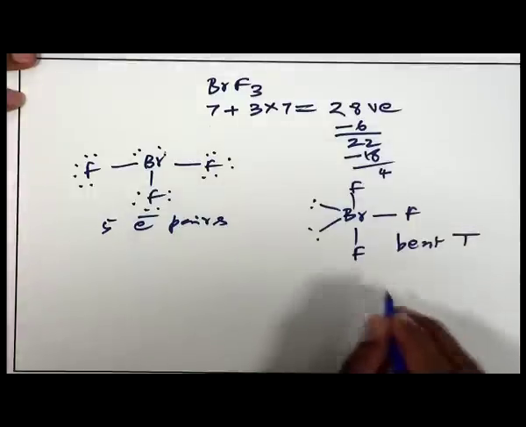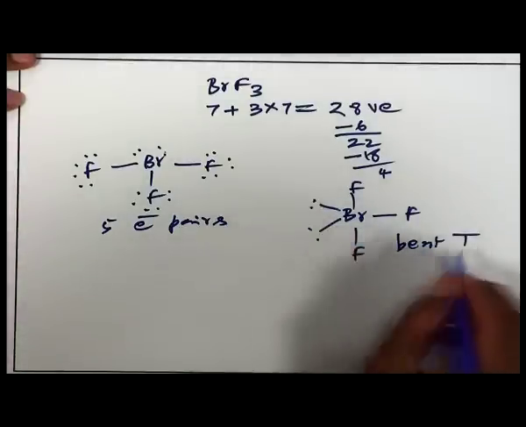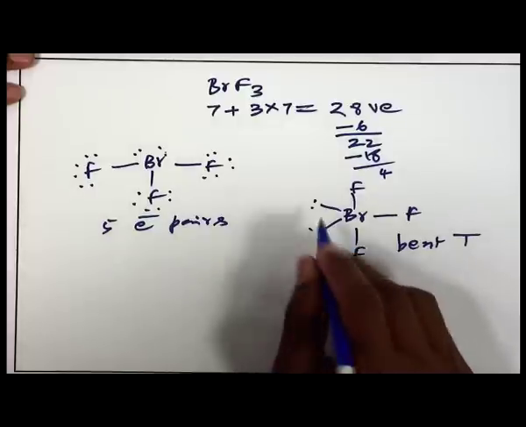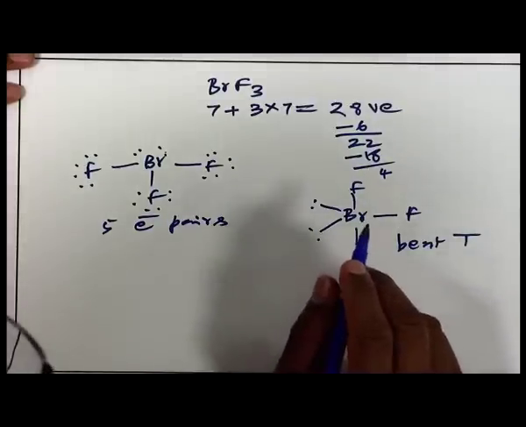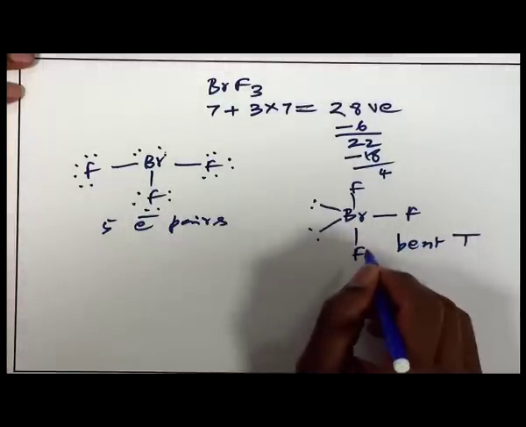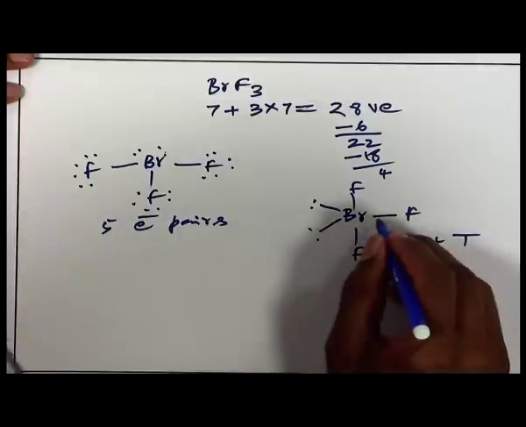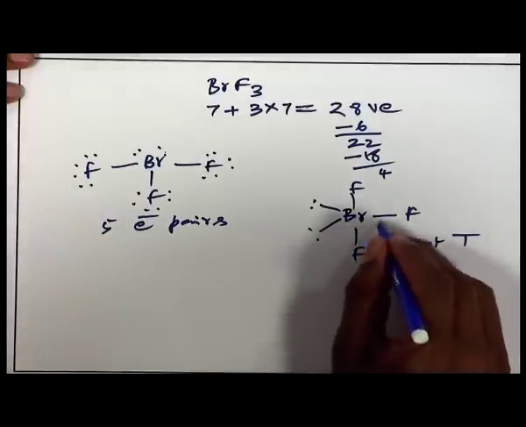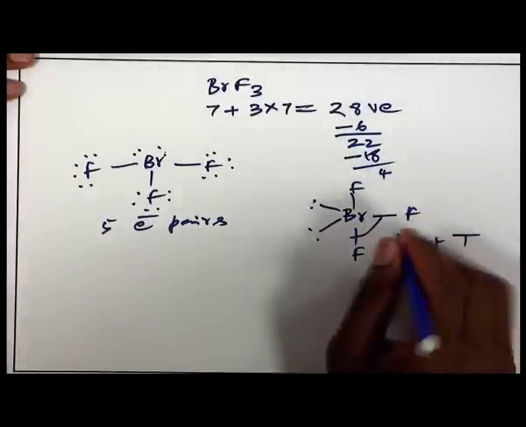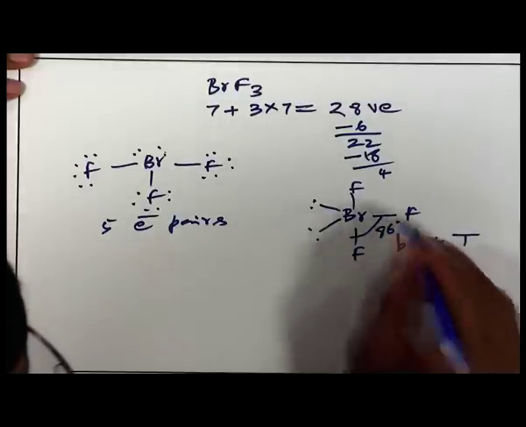T shape, because these two lone pairs repel each other. So, lone pair repulsion is the highest one. So, it pushes the bonding electron pairs in such a way that the angle is not 90 degrees. The angle is slightly bent, about 86 degrees.